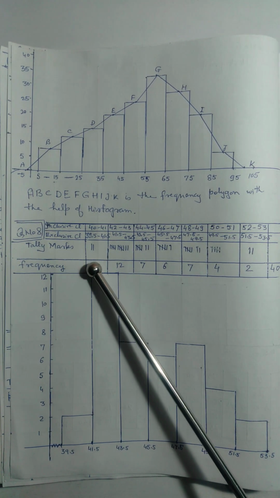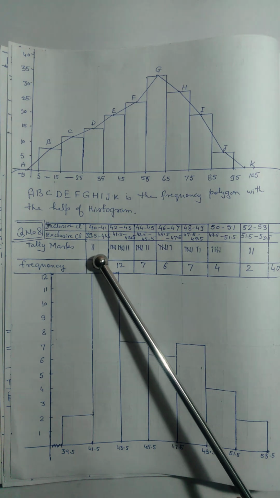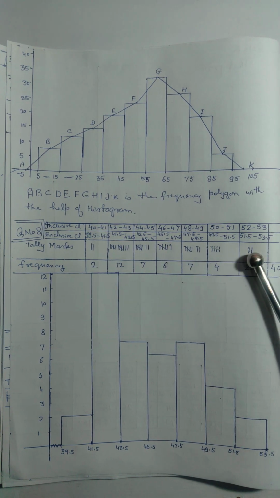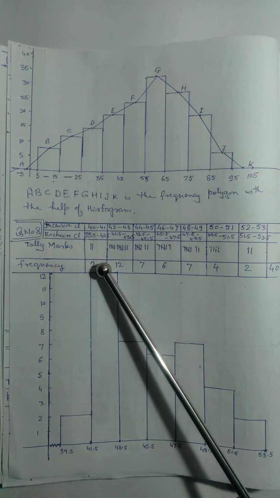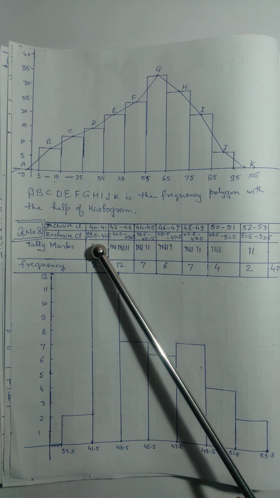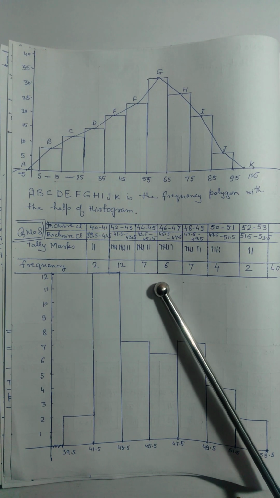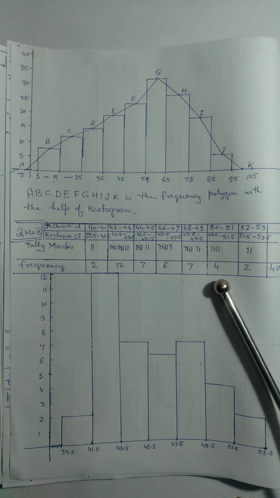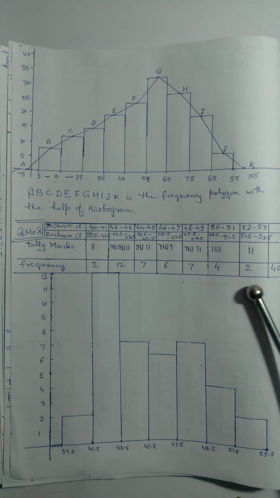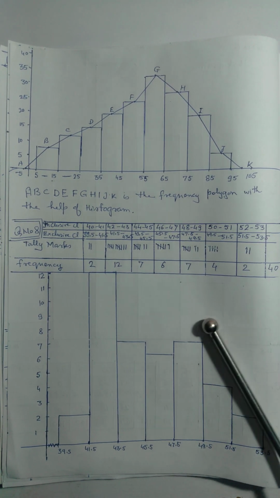Find the tally marks; you see, I have prepared the tally marks. With the help of these tally marks, I have prepared the frequency: 2, 12, 7, 6, 7, 4, 2. And the total frequency is 40 here.